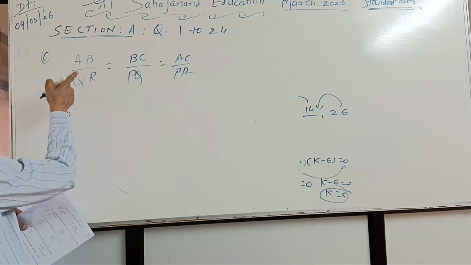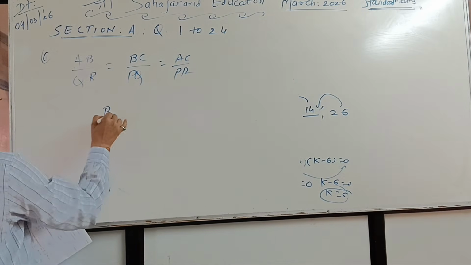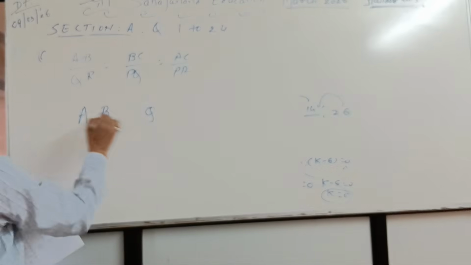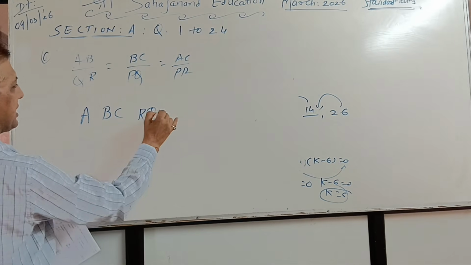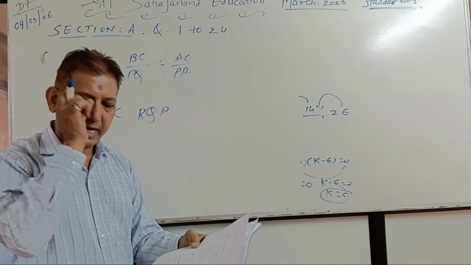Now look here at the ratio. In AD upon QR, the common letter is B, and here the common letter is Q, right? B compared to Q. Now A, here R, C and P. So ABC and RQP. First option, RQP.